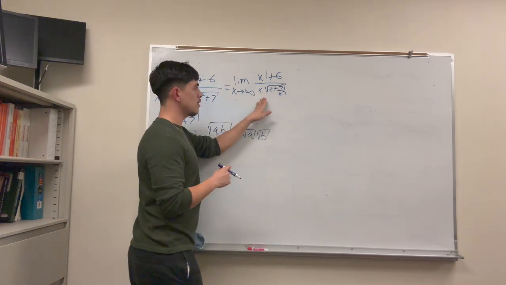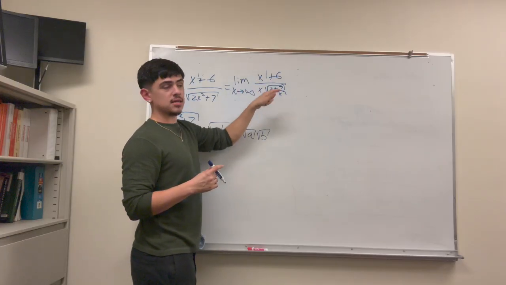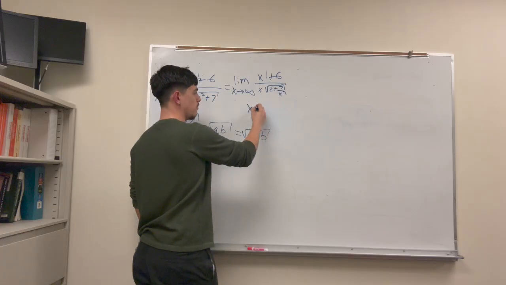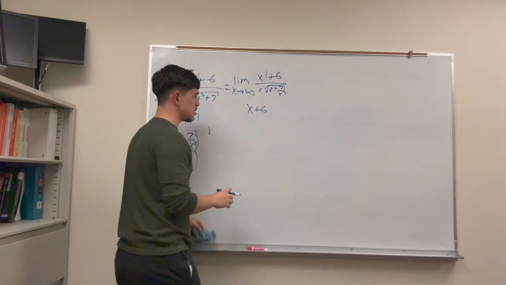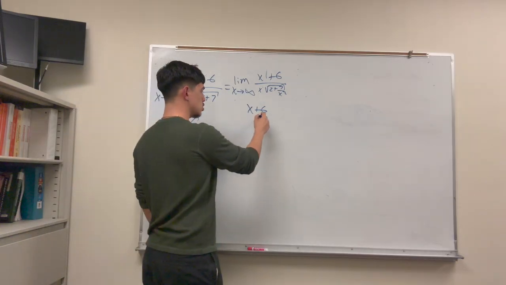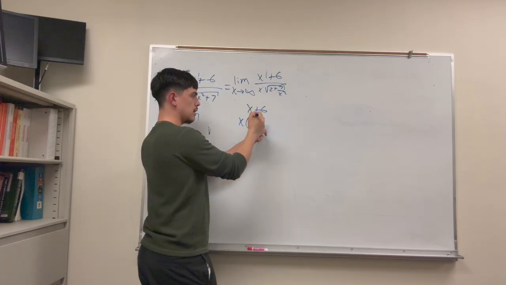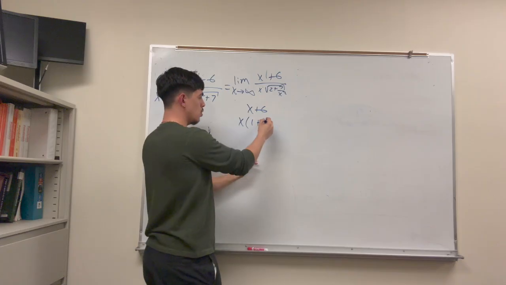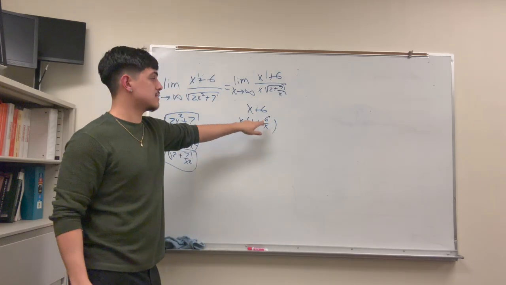So now here, we can go ahead and factor out an x out of this top part. So I'm moving down here just to make some space. If we have x plus 6, just like what we did in this last part, we can factor out the highest degree. So then we're gonna get x, and then this just turns to 1. Here, factoring out an x, we get 6 over x, right? Because if you FOIL it back in, you should get the same.